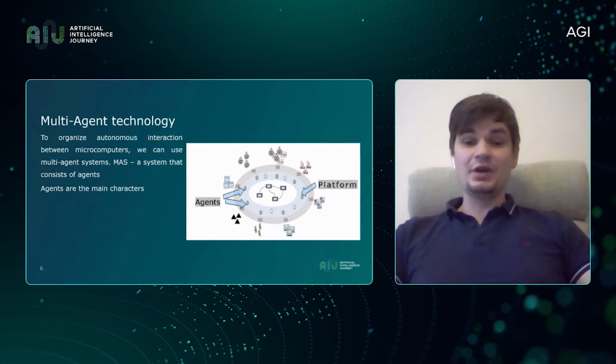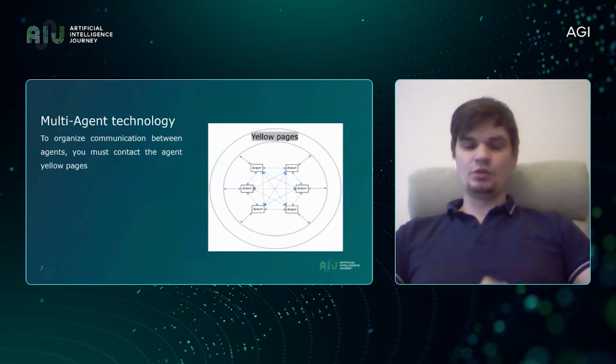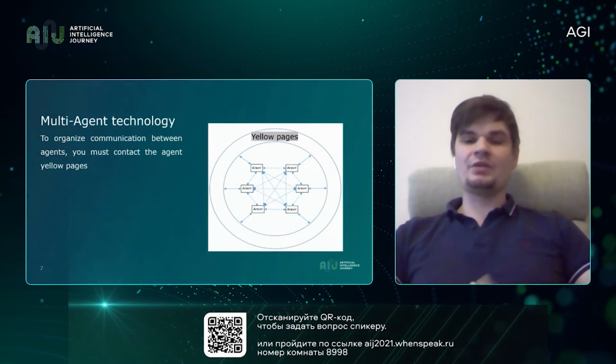The main task of the whole system is the work of these agents and the search for some joint common solution for the whole system through the interaction of these agents and reaching some consensus or some local targets to attain the global goal.